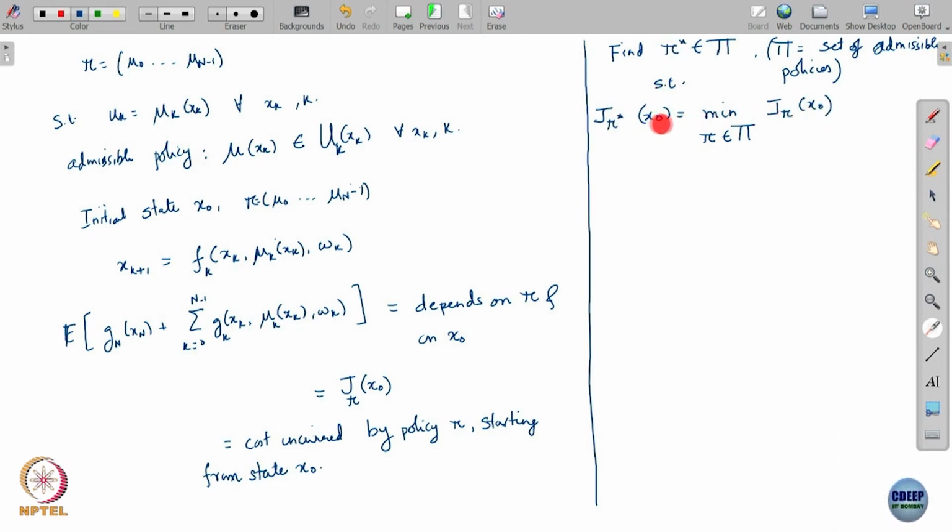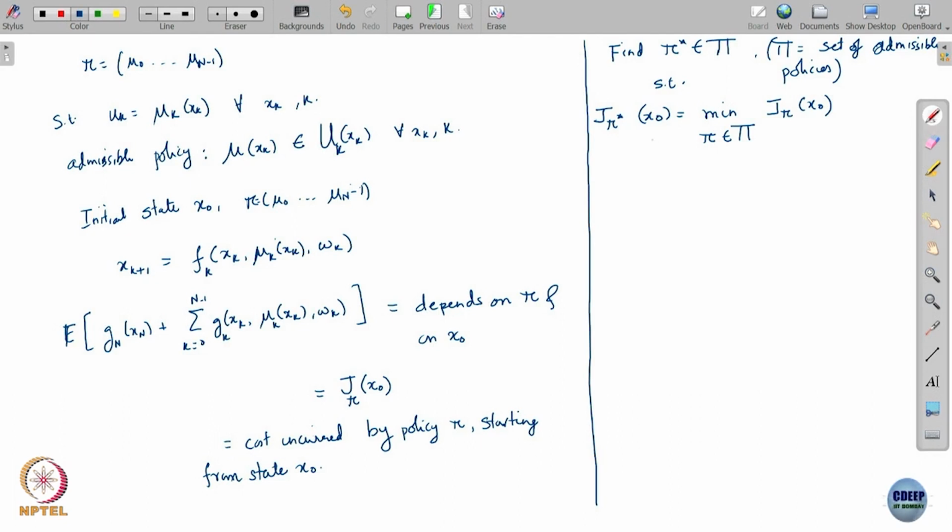However, the nature of the problem is such that it is typically possible to find a pi star that does not depend on x 0 itself. You can choose any x 0 to start with, and you end up finding a policy that works for any initial state. That is how it often happens.